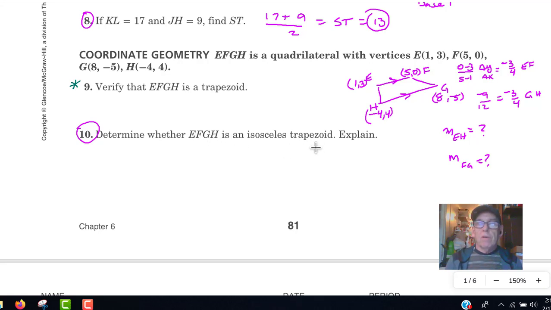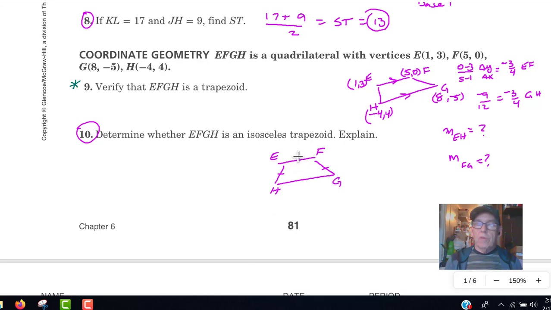Determine if EFGH is an isosceles trapezoid. Okay, so let me draw this out. Now, if it's an isosceles trapezoid, then these distances are going to be the same. So I'm going to look and see if EH is the same length as FG.